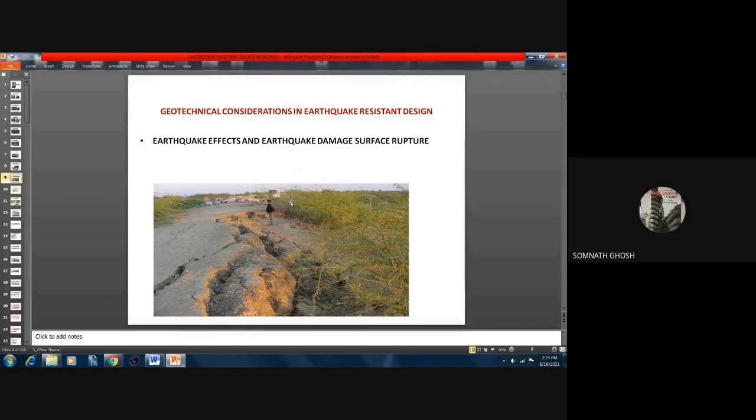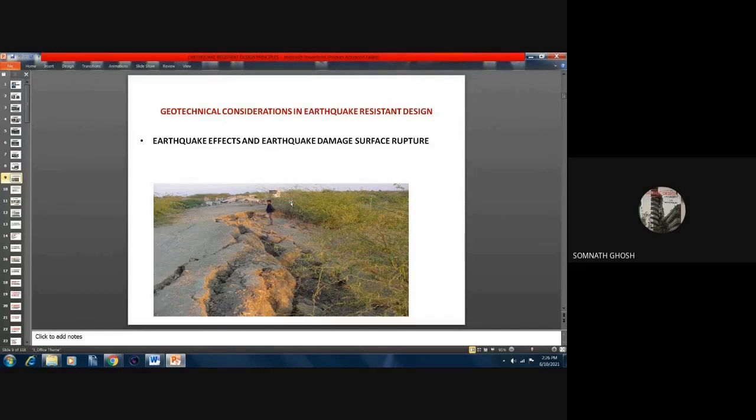I mean, the maximum width of the crack. And you all know that log base 10 of maximum crack width gives you an idea about Richter. So if the crack width is more, it means it has undergone a very strong earthquake, right? So the surface rupture is a very, very important aspect.